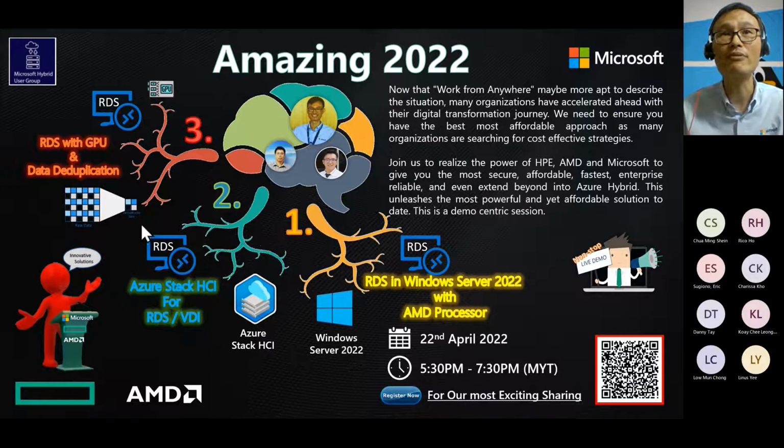And of course, how we would run VDI and remote desktop on top of Microsoft's own HCI capabilities, with some optimization and additional capabilities with RDS and VDI using GPU, to accelerate graphic-intense applications like Adobe Premiere, Adobe Photoshop, or even AutoCAD and so forth.